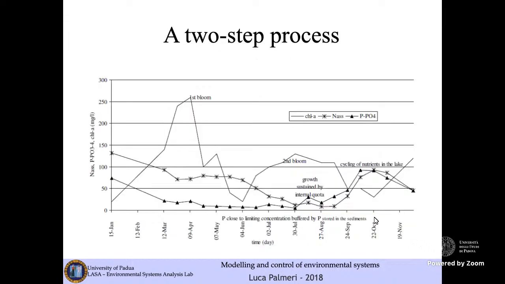Okay, I was telling you that this is not an arbitrary effort, because we really find ourselves sometimes in phases of these kinds of processes that need a two-step dynamics description. For example, look at this graph. These are experimental data.